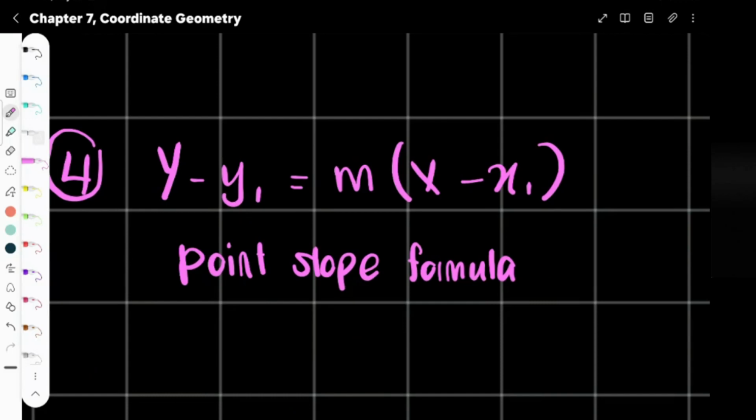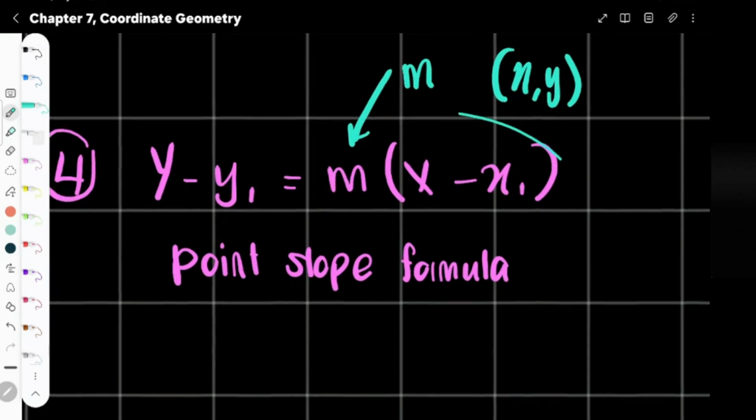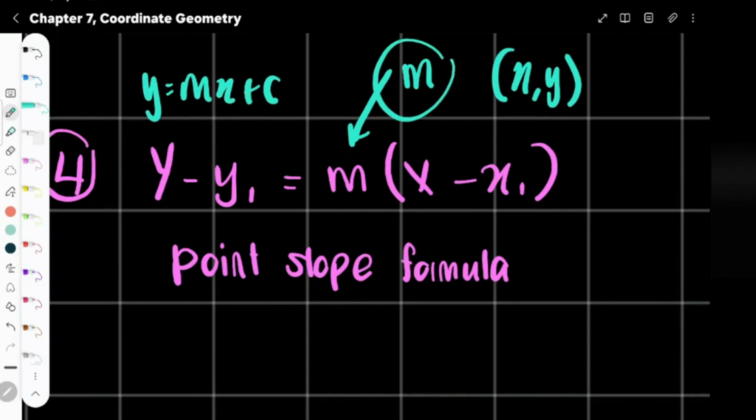It is used when you are given an m, the gradient, and a coordinate touching the line. It is useful because you can immediately find the straight line equation, y equal to mx plus c, just by having the gradient and the coordinate.